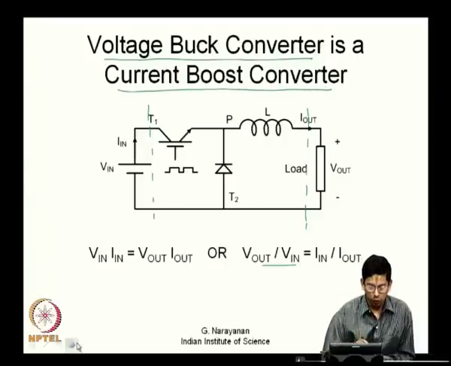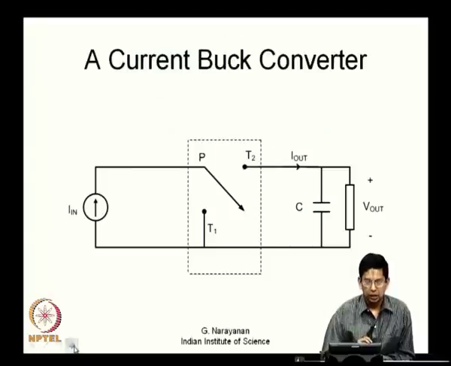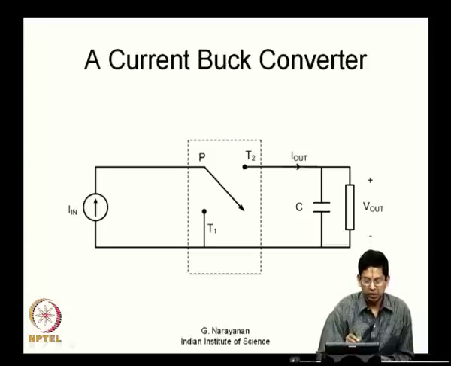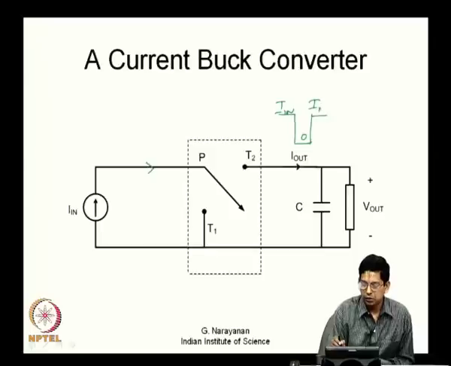Now, if you want a voltage boost converter, what you need is actually a current buck converter. So, this is what I have drawn now. This is a current source here and there is a current buck converter now. There is a constant current flowing through this line, whereas if you look at I out, what flows through this T2, there is a current equal to I in or 0.